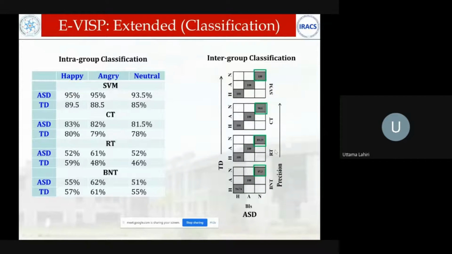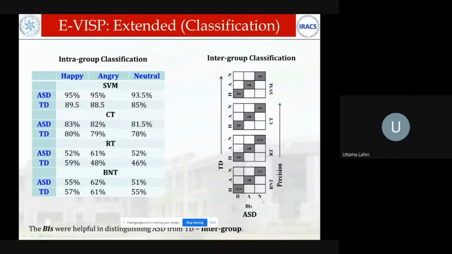In the same way, about 90%, really 90% of the time, in the worst case, SVM was performing the highest in that case as well. 100% of the time, a typically developing child and a child with autism, while viewing a neutral face, can be distinguished. So the results were pretty interesting.